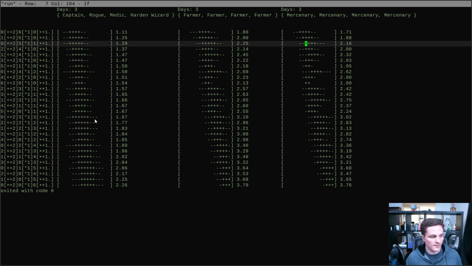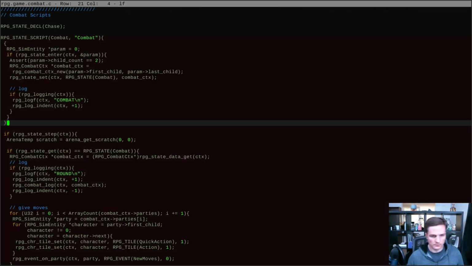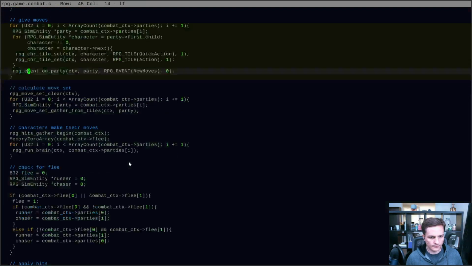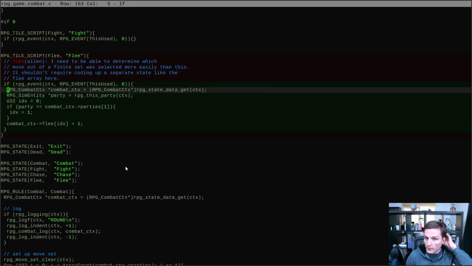So the idea of the simulator is that you can see the relative strengths of various game mechanics against each other, as you're iterating on them and designing them and playing with them.